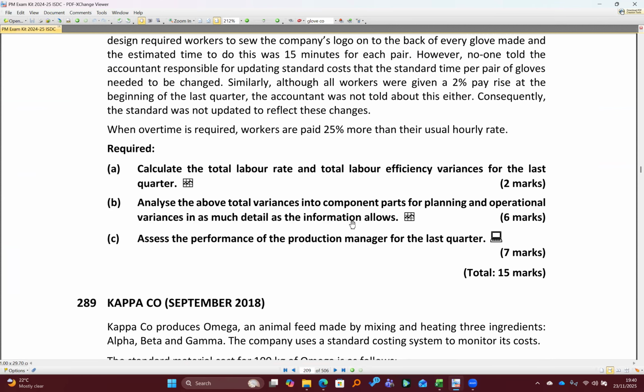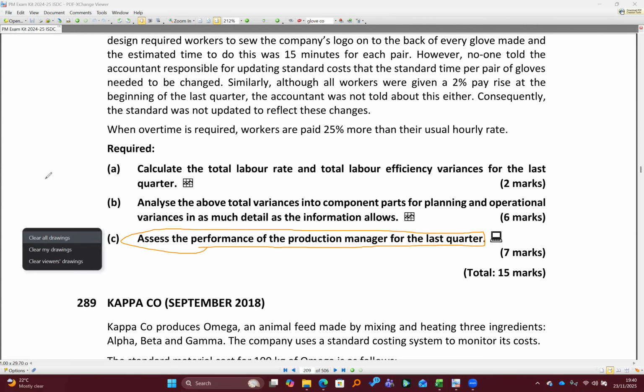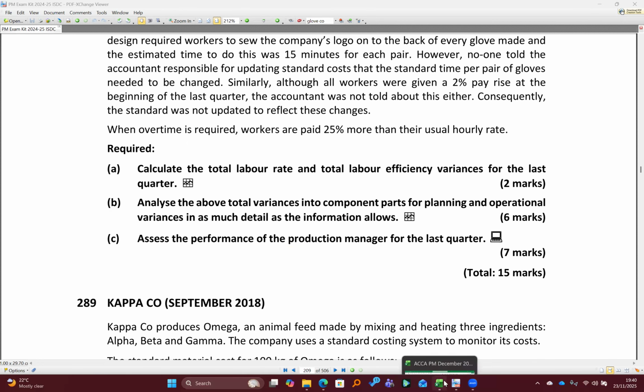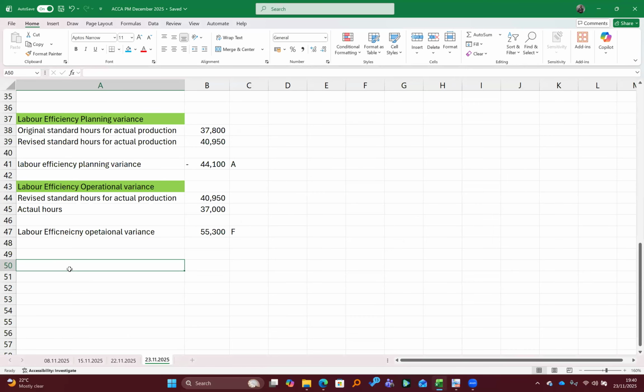Now we go to the last part, where they ask us to assess the performance of the production manager for the last quarter. So assessing performance here, you would have to first say that the manager should be assessed on what they have control over.